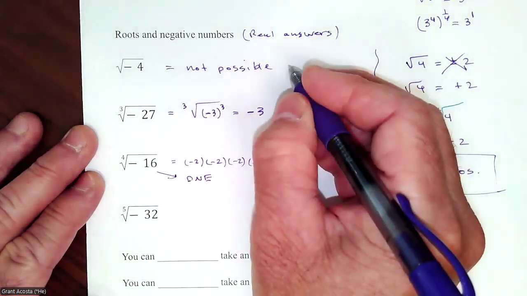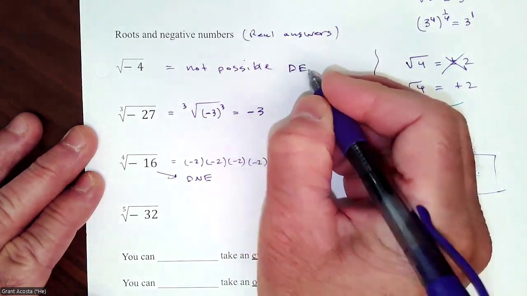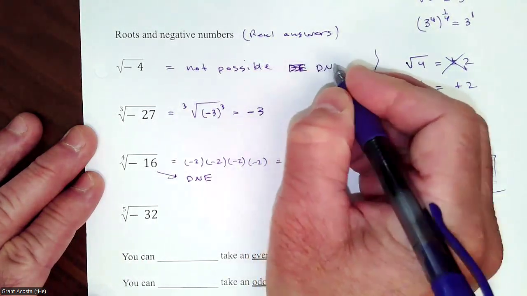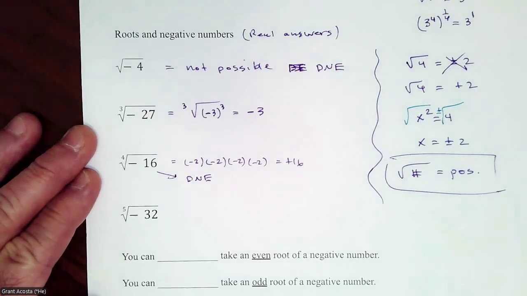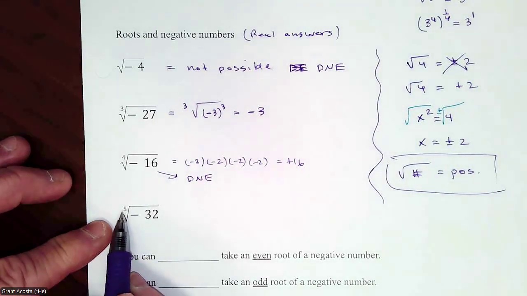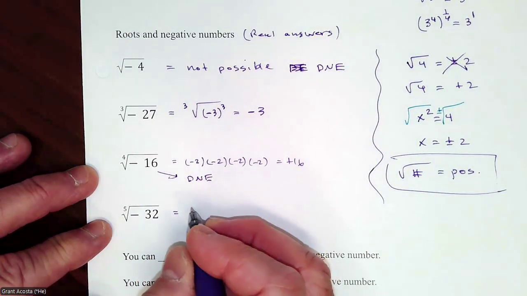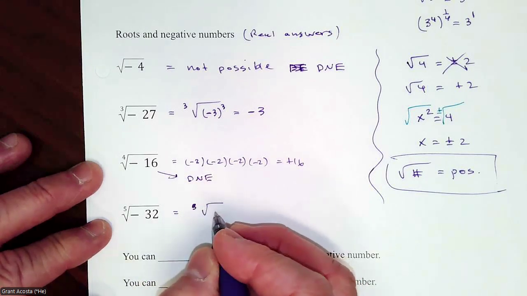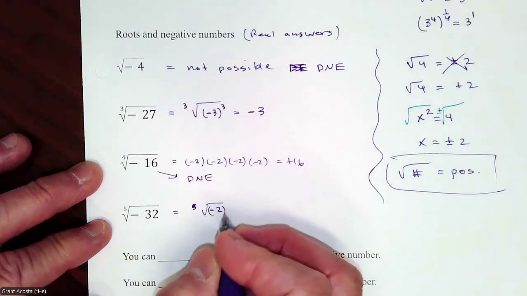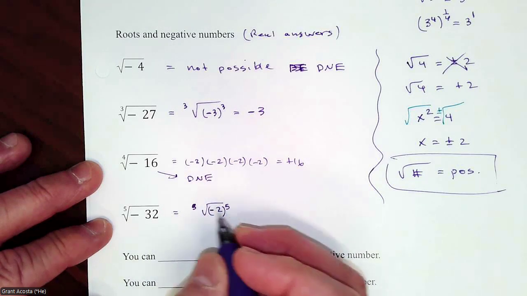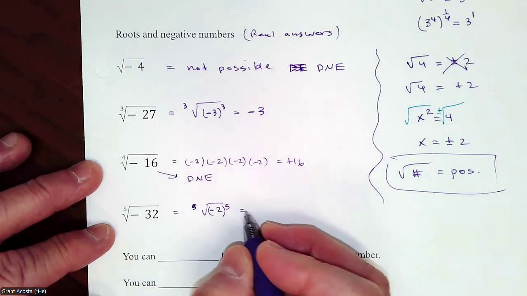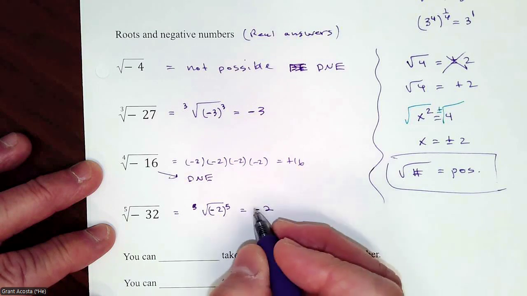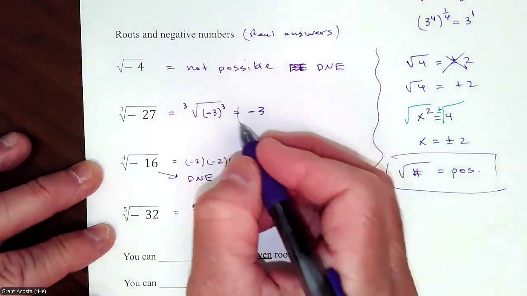Okay, I can put that up here. At least not for real numbers, that does not exist. But a fifth root of negative 32 works because negative 2, if you multiply it by itself 5 times, gives you negative 32. So the fifth root of negative 32 would be negative 2.